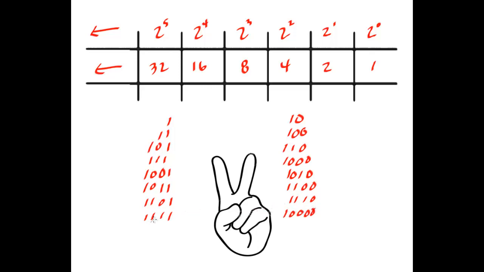This is making my brain hurt. Finally, 1, 0, 0, 1, 1. So 1, 0, 0, 1, 1: 1 set of 16, 1 set of 2, and 1 one. Sounds right.